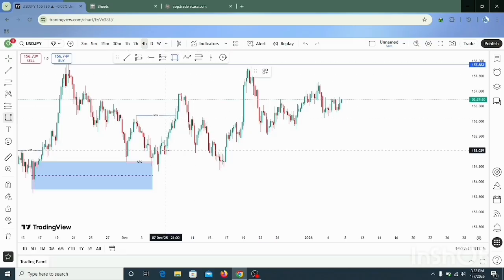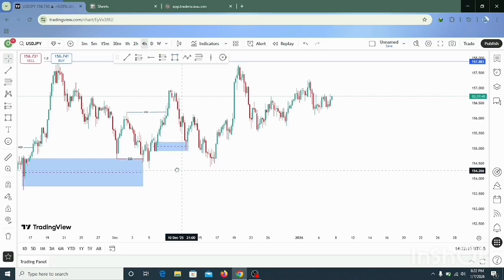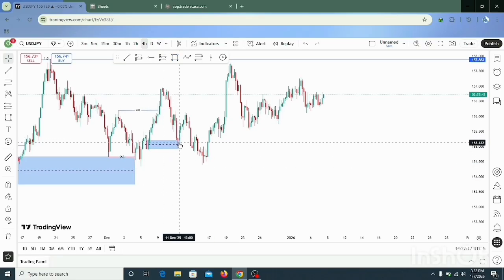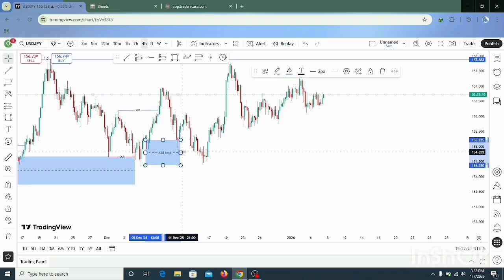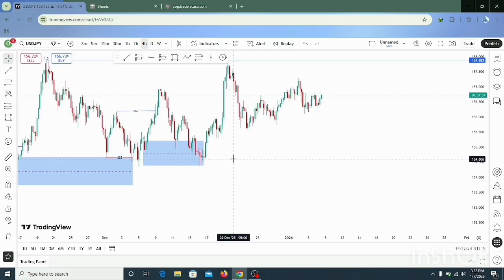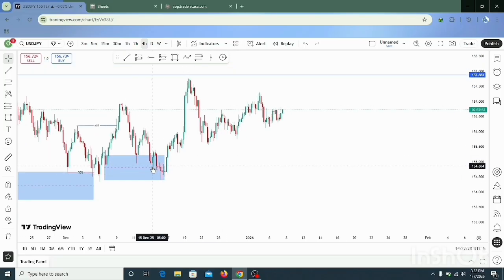So what do we have here? We actually have a good POI over here. Market reacting from that. Not only from it, it's actually made use of all these candlesticks as a resistance, a support level, and from that market actually gave us this push to the upside.